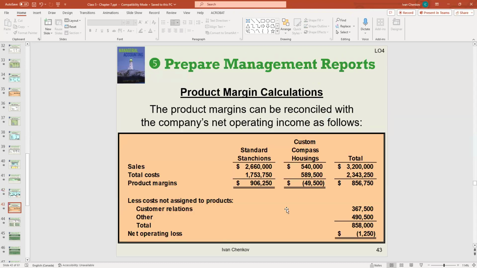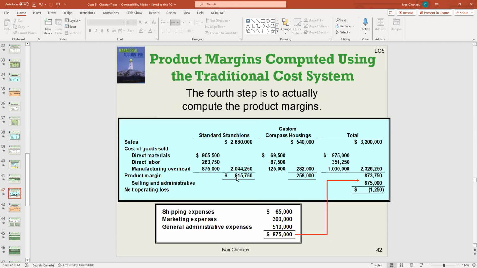Compared to the activity-based costing, that's a huge swing. On the activity-based costing, standard compass contributes over $900,000. Suddenly, that contribution dropped by almost $300,000.